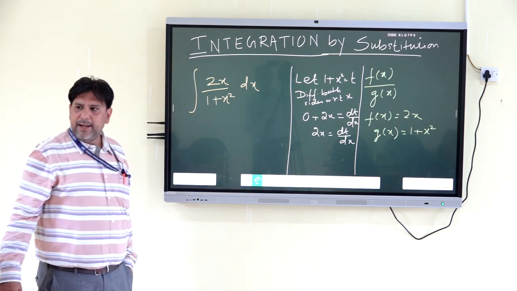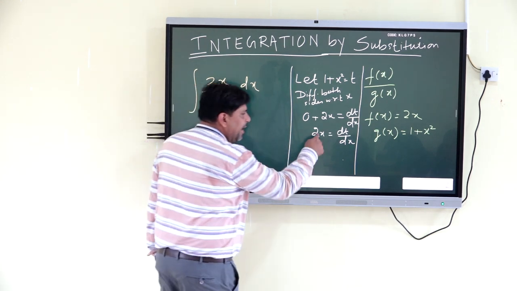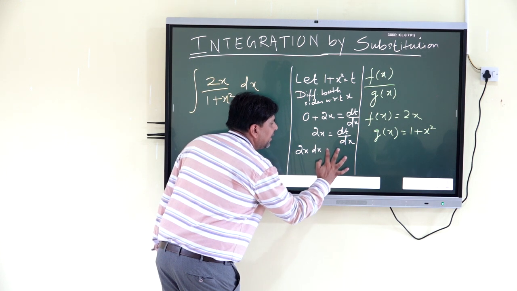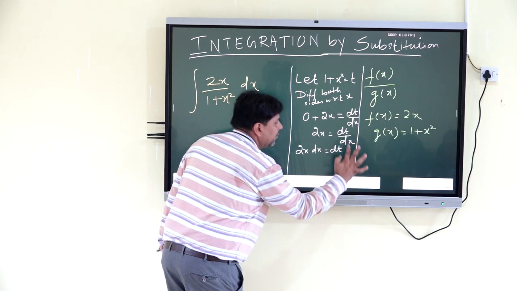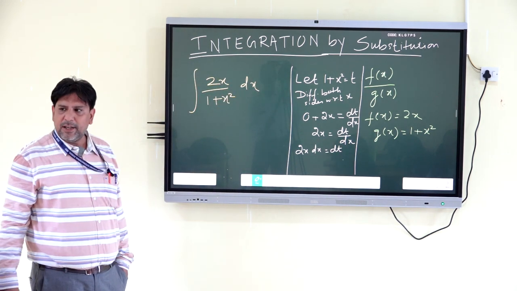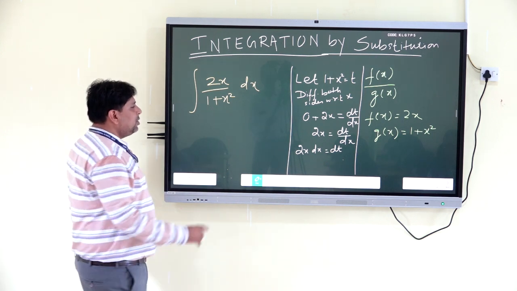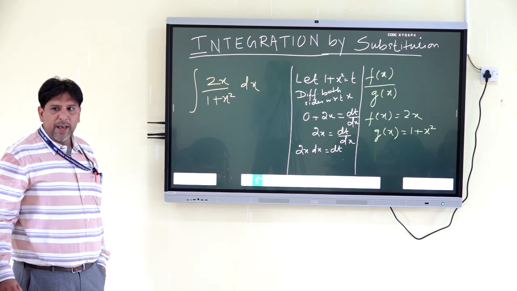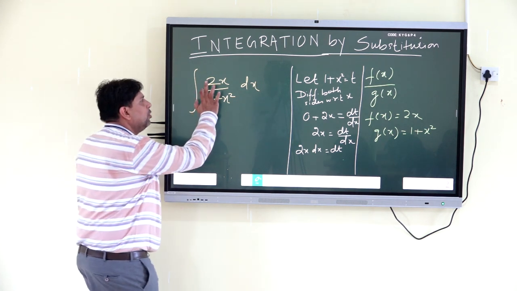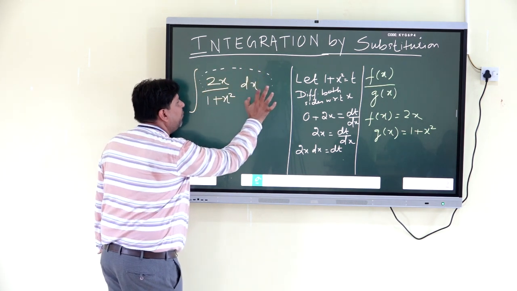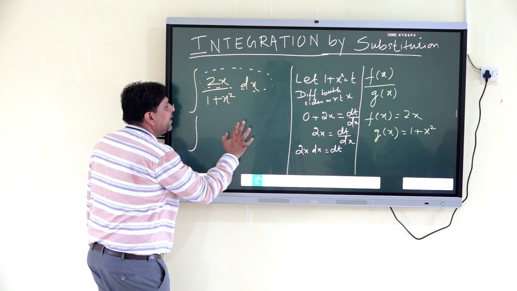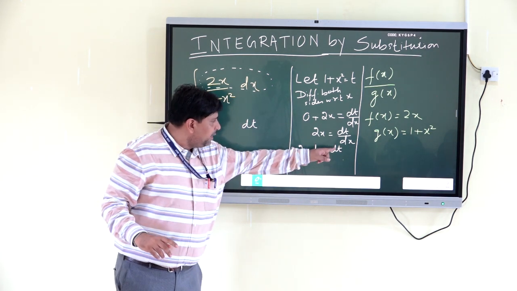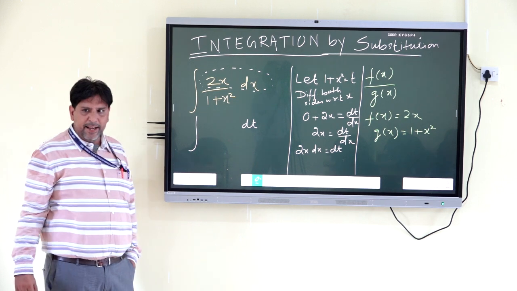If we take dx this side, what we will get? 2x into dx is equal to dt. Now see, 2x dx is already there in the question. So in place of 2x dx, can we write dt? We can write dt.